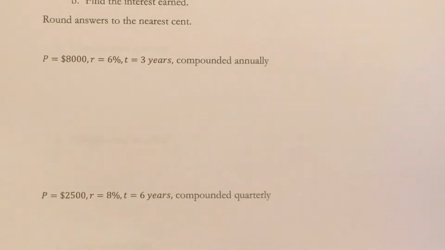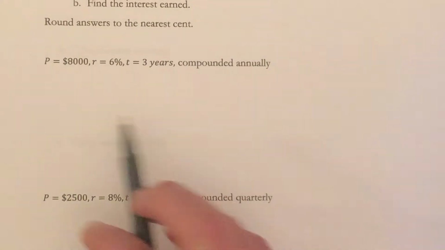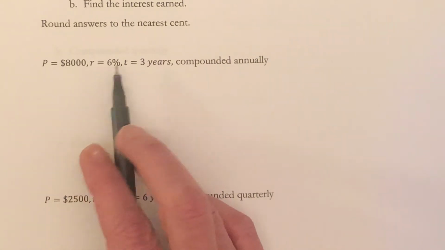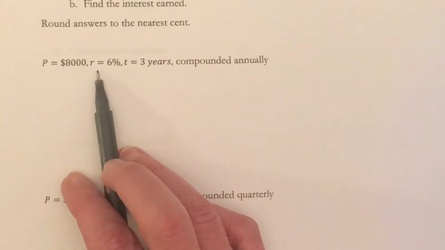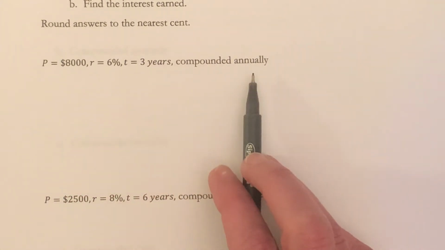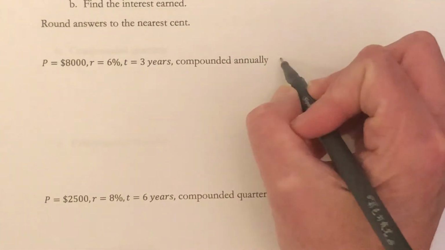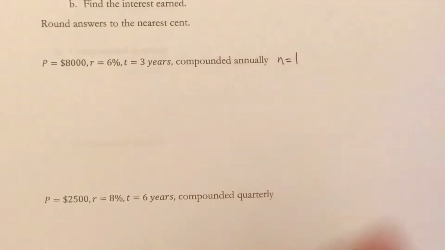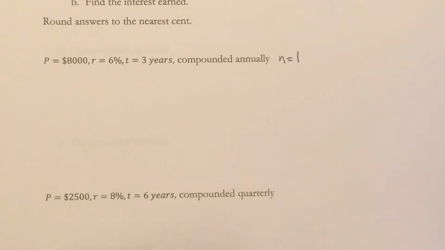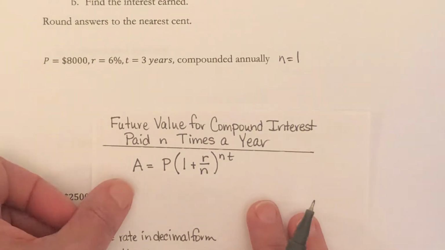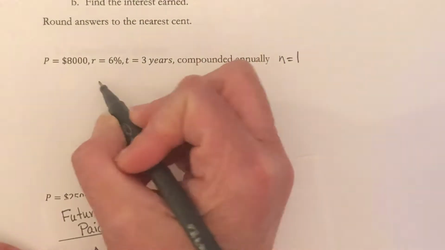So if our principal is $8,000, we are investing at 6% for 3 years, compounded annually. So this is N equal to 1. I'm going to plug in here. The A is what we're looking for.